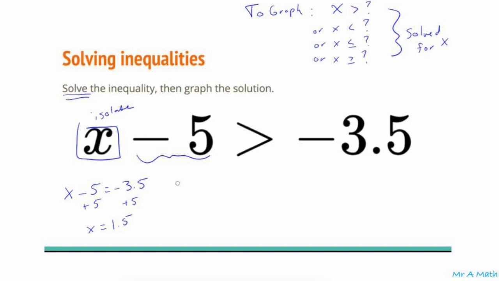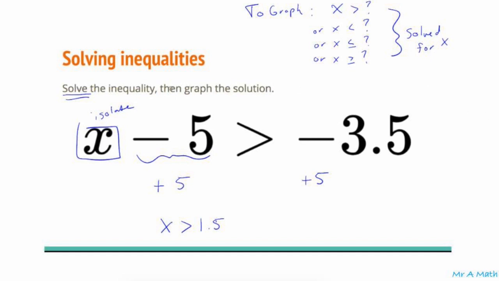So first I'm going to erase this work. And now we just need to isolate x. So again, before, I'm going to add 5 to both sides to get x is greater than negative 3 plus 5, which is 1.5. Now it says I need to graph the solution.